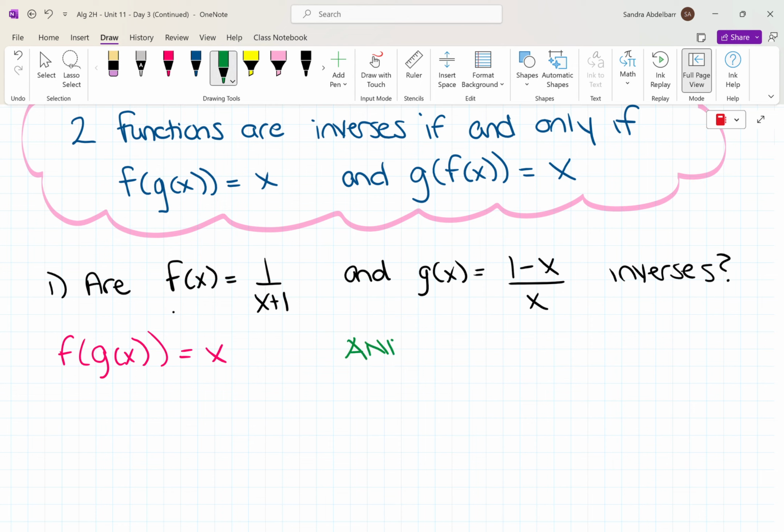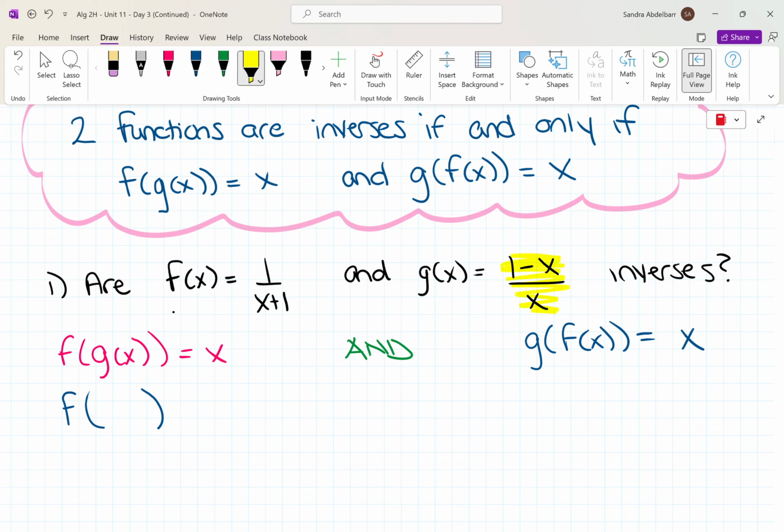So there are two things I need to show. I need to show that f of g of x is equal to x, and I need to show that g of f of x is equal to x. If we're able to successfully show both of those, then they're inverses. Let's say one is x and the other one is not x. Will they be inverses? No.